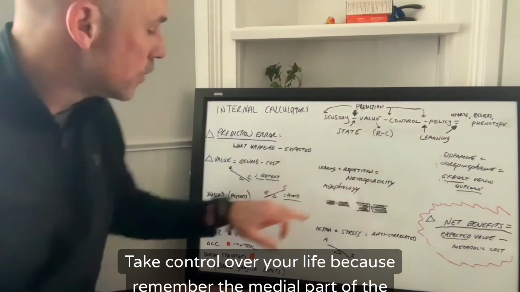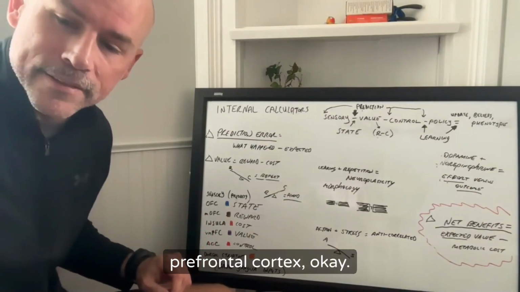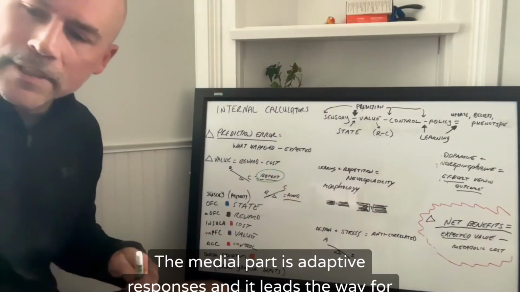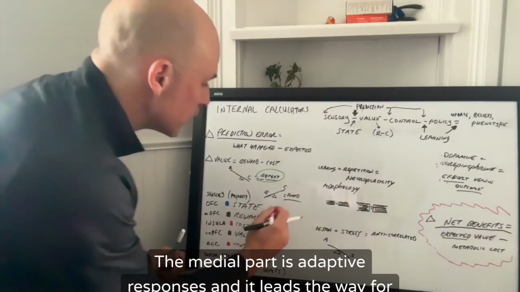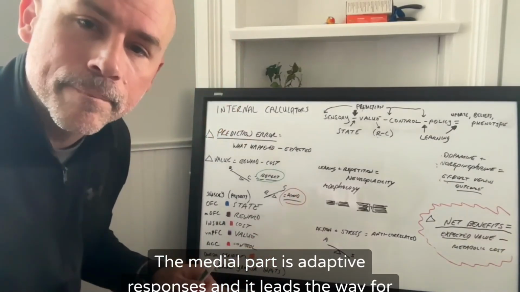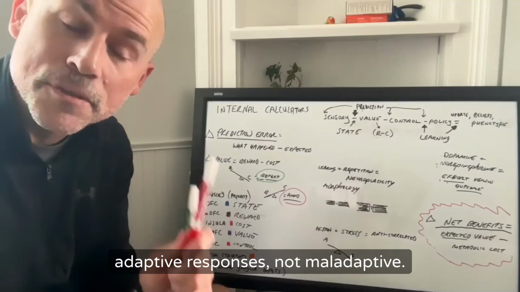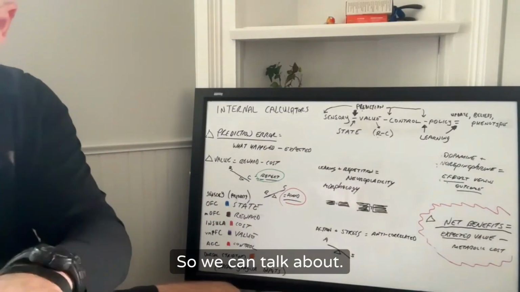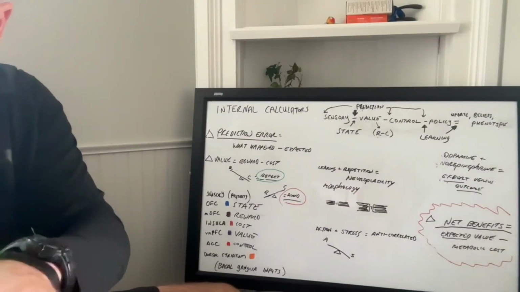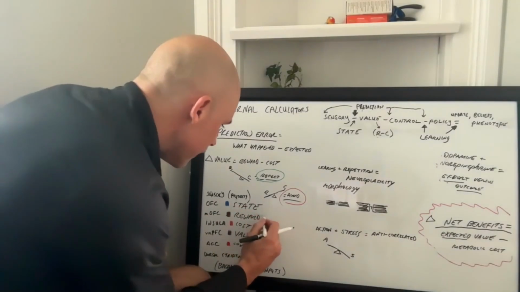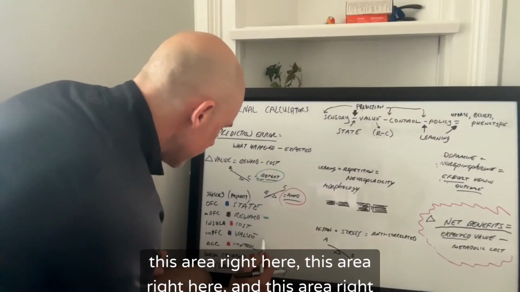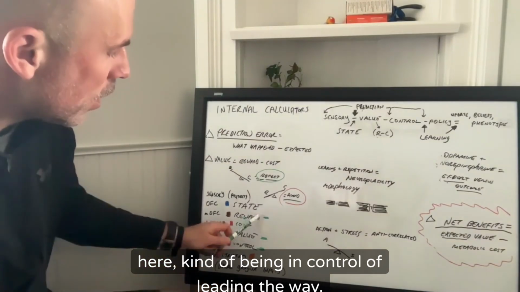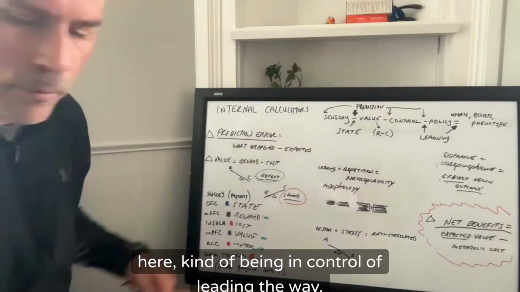Because remember, the medial part of the prefrontal cortex, okay, the medial part is adaptive responses, and it leads the way for adaptive responses, not maladaptive. So we can talk about this area right here, this area right here, and this area right here, kind of being in control of leading the way.